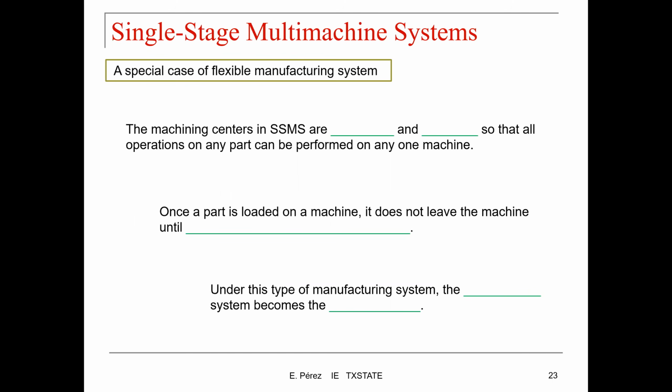The machining centers in single-stage multi-machine systems are identical and versatile, so that all operations on any part can be performed on any one machine. Once a part is loaded on a machine, it does not leave the machine until all required operations are performed. Under this type of manufacturing system, the tool delivery system becomes the critical resource.